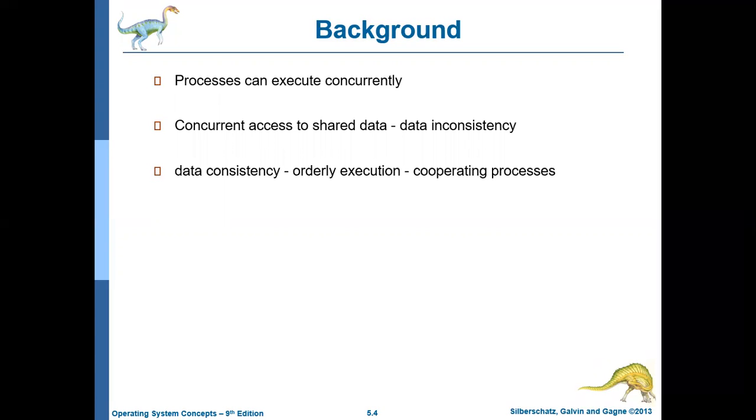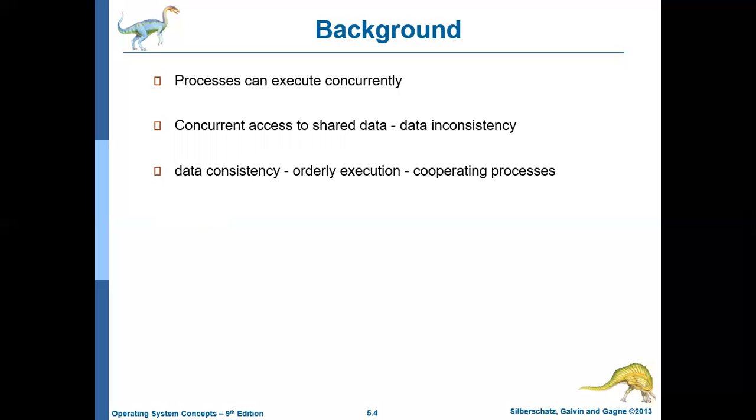If there are two processes P1 and P2 and they are sharing a common data item K, then these two processes should not execute concurrently. If they execute concurrently, then it will lead to a problem called data inconsistency. To avoid data inconsistency, or to ensure data consistency, the operating system should ensure the orderly execution of these processes.